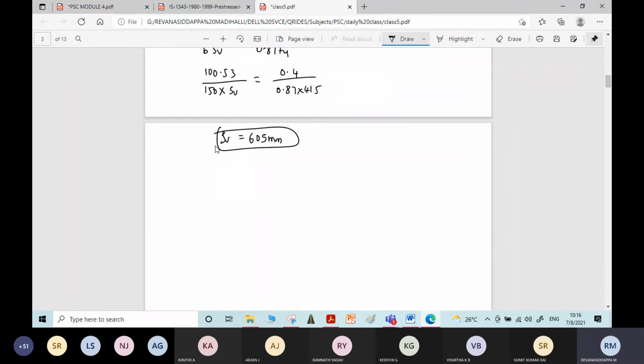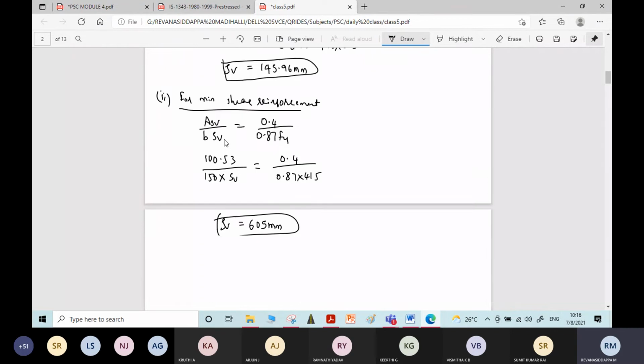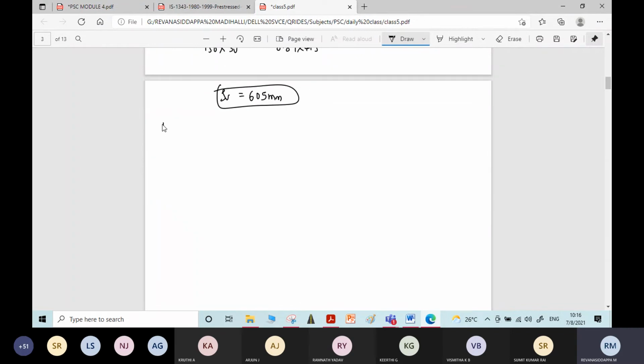Okay. Two calculations are over. Two more calculations are there. Third calculation: SV is equal to 0.75 times the effective depth. This is given in page number 48 only. You just refer to the theory part which I showed.